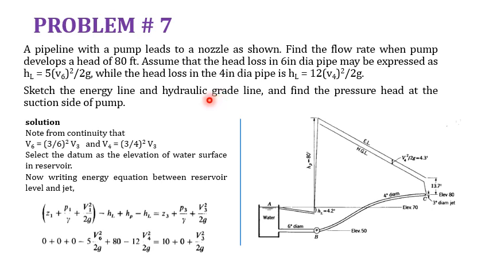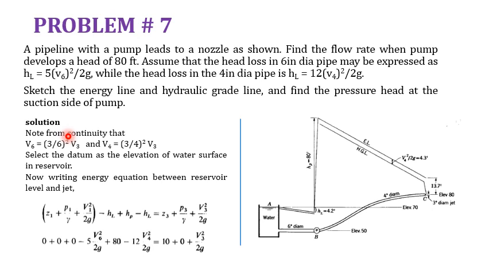So first of all, we are going to use the continuity equation to develop a relationship between V6 and V3, where V3 is the velocity of the jet, and between V4 and V3. So as you know, A1 V1 is equal to A2 V2. So from simply rearranging that, and from the diameter you can calculate the area by pi by 4 d square.